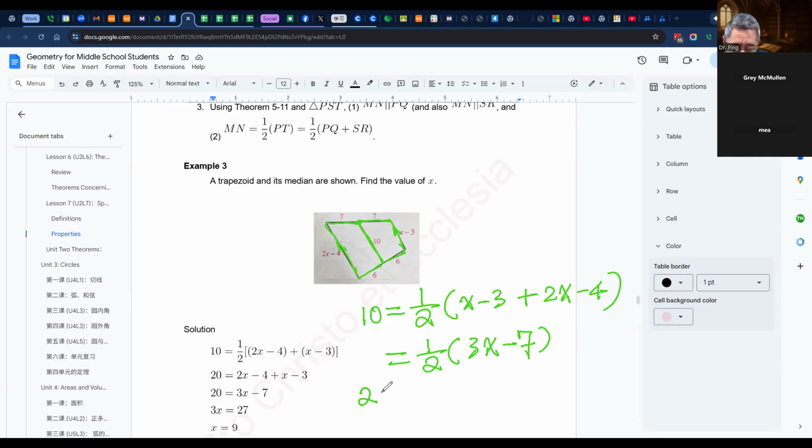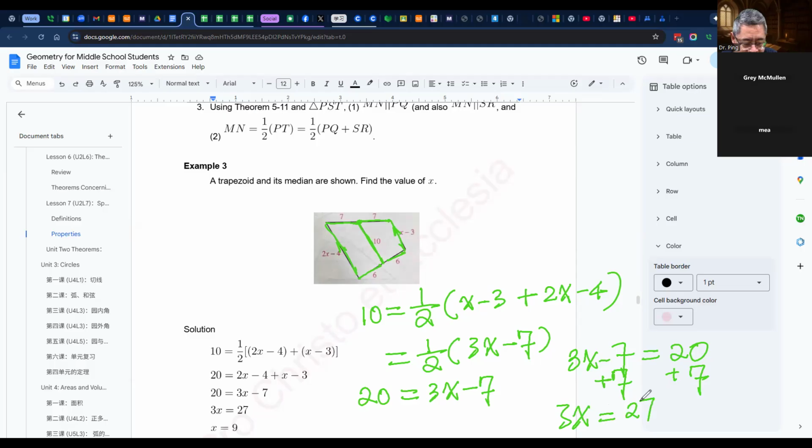Then we have 20 equals 3x minus 7. I like to put my x on the left, so 3x minus 7 equals 20. To solve that is pretty easy. Just add 7 on both sides. Then 3x is equal to 27. Then we divide by 3. Then x is equal to 9. So that's how we find x.